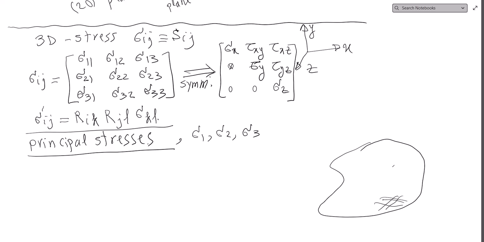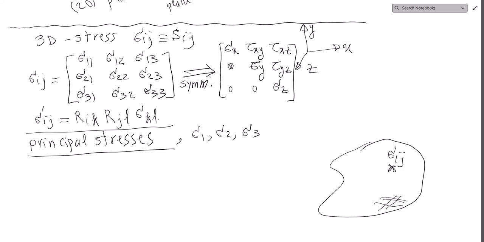At any material point in this domain, in this medium, I have a stress acting on that point, as shown here.